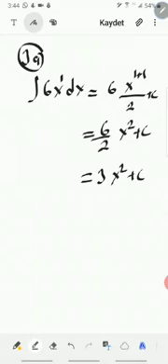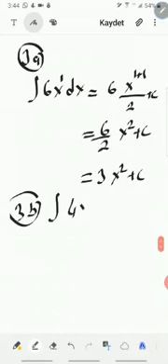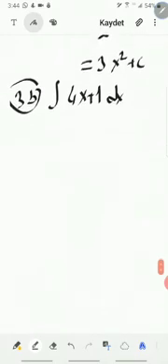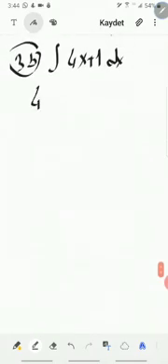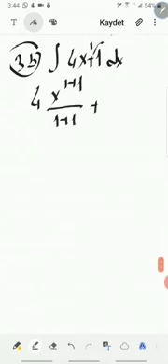What about 3b? Similarly, in 3b, we are going to apply this rule for x plus 1 dx. Here there are two terms, first term, second term. You can integrate each term separately or in one go. The power of x is here 1, so 1 plus 1 over 1 plus 1 plus, okay, what function has derivative 1?